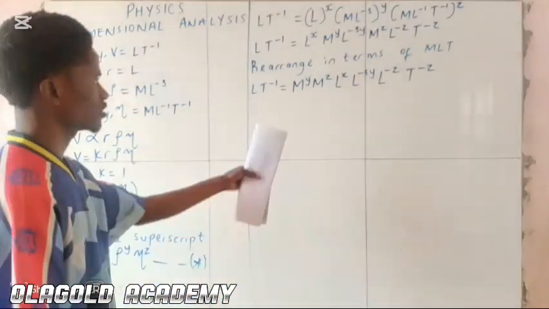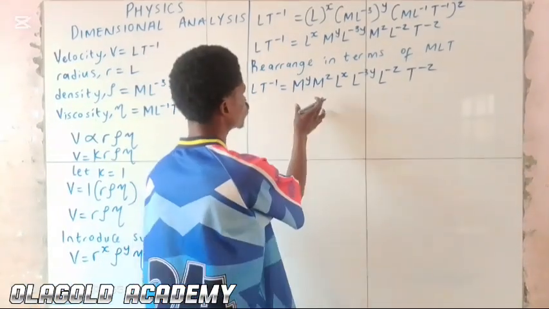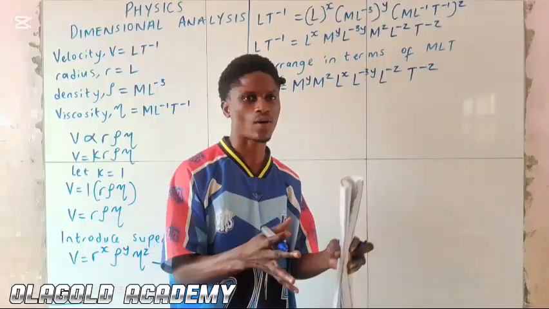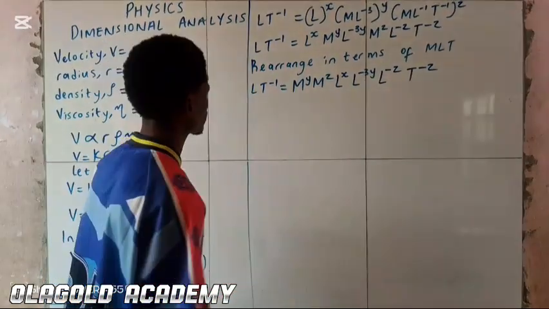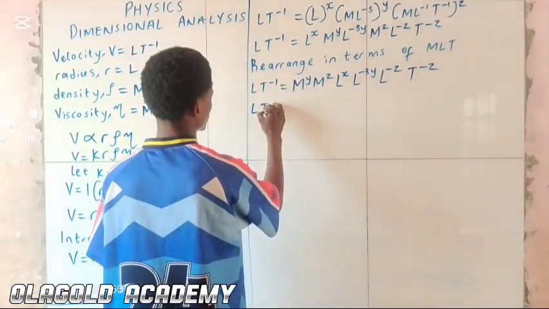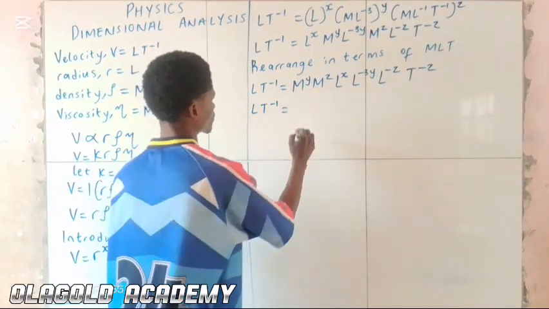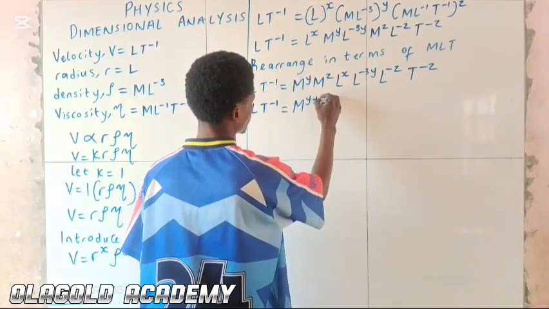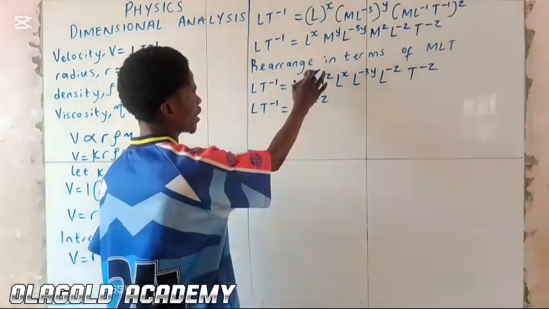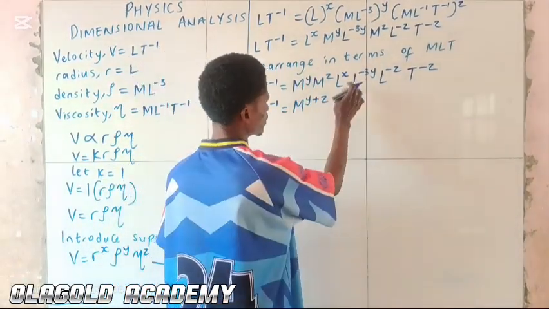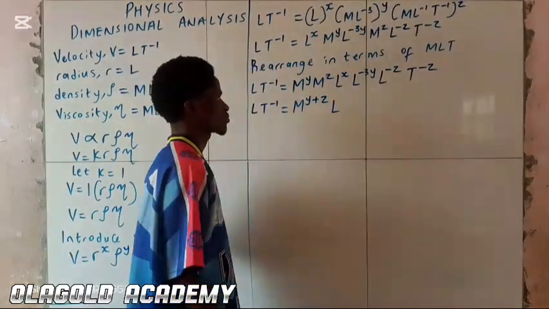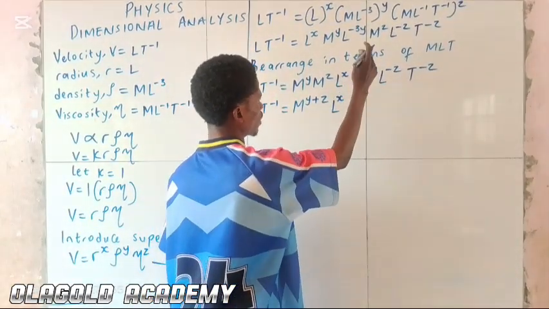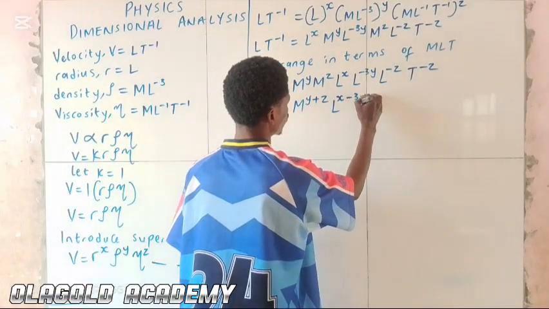So our next task is, if we have two bases multiplying each other in indices, what do we do? We add their powers. So we have LT minus 1 equal to M raised to power y plus z there. So we add the powers. All right, next to L, we're having L raised to power x plus minus 3y, which gives us minus 3y.